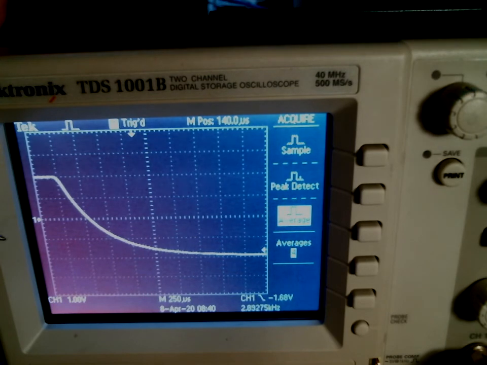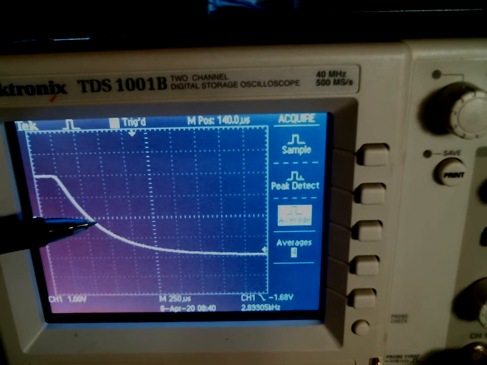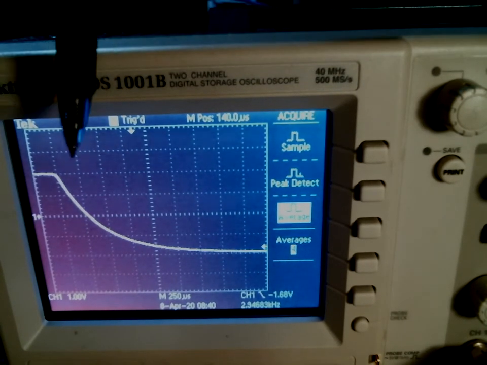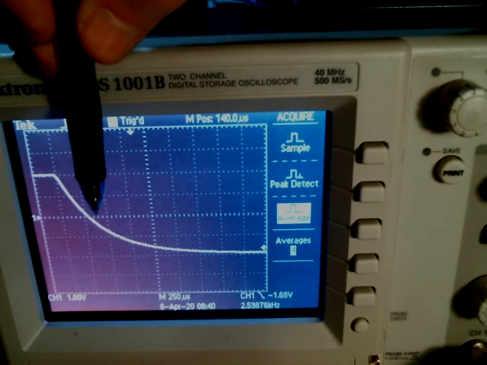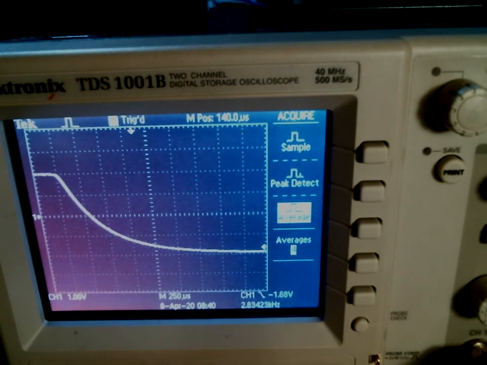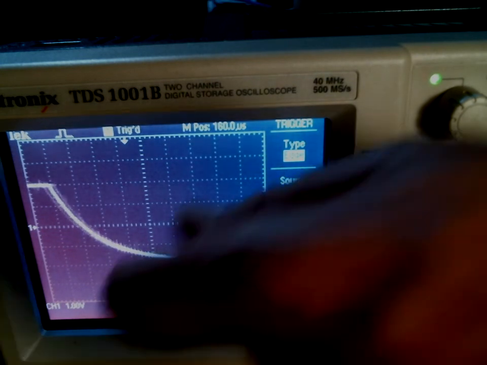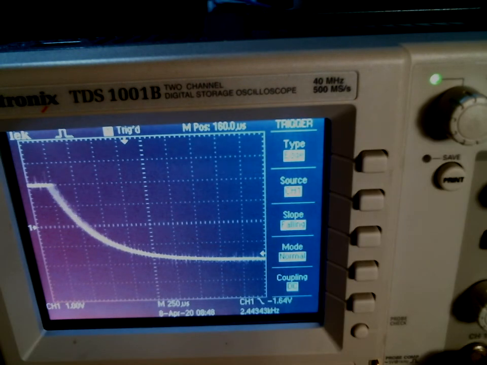So now if I locate the 1.5 division height again, y equals 1.5 right there, and that's right at that point, which is 1.6 divisions after the beginning of the decay. And I forgot to point out that that was on a time base of 250 microseconds. So our RC time constant was 1.6 divisions multiplied by 250 microseconds.